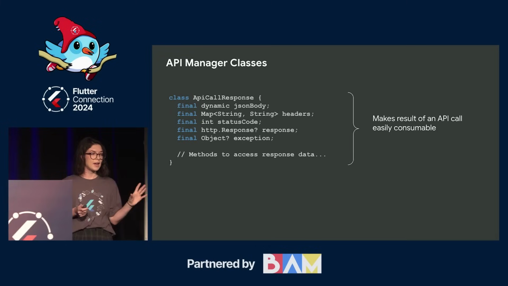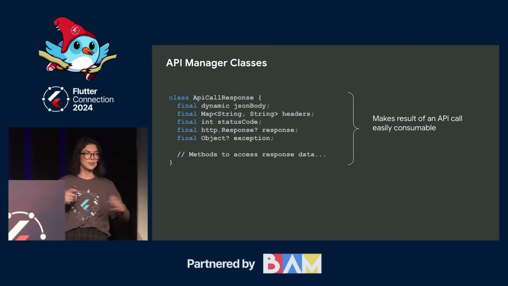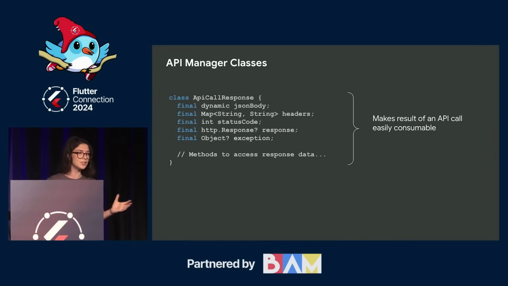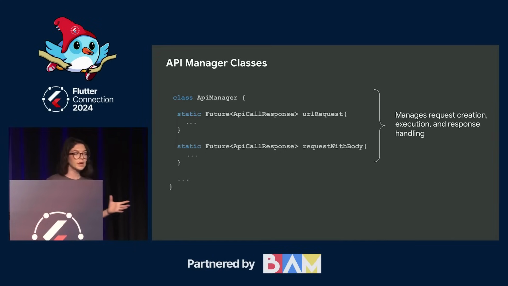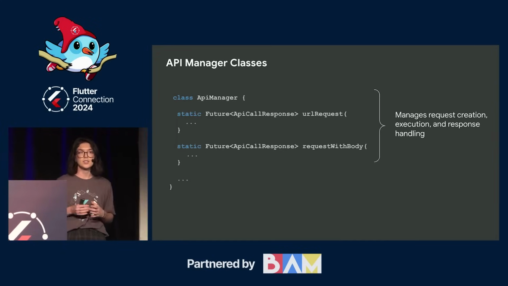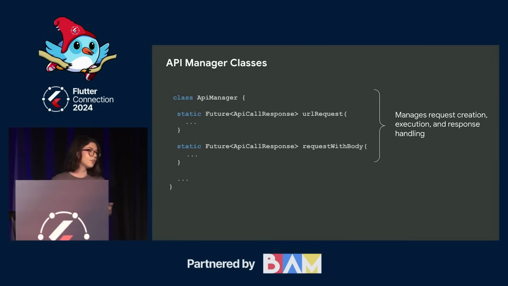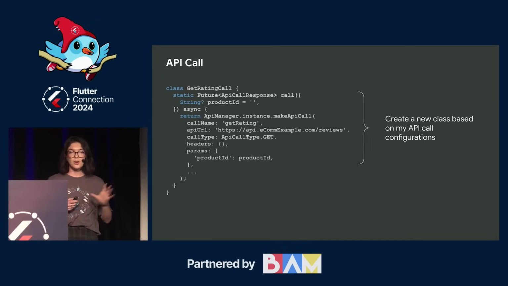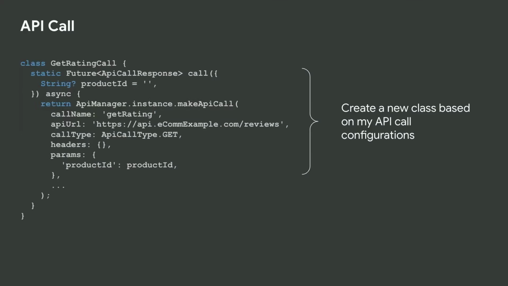Then we have this API call response class, which of course makes the API call response easily consumable by the rest of your application. And then we have an API manager, which just manages the request creation, execution, and response handling. And under the hood, it's mostly using the HTTP package.